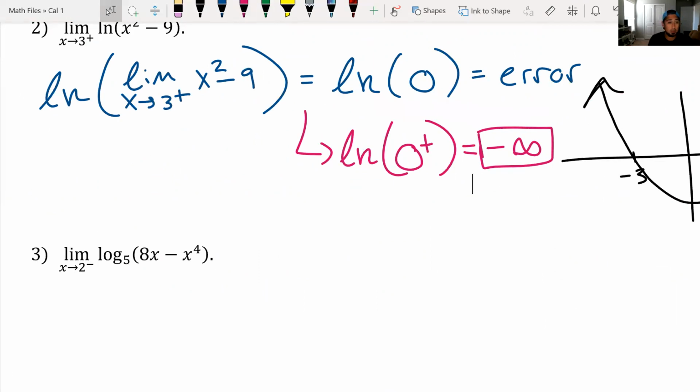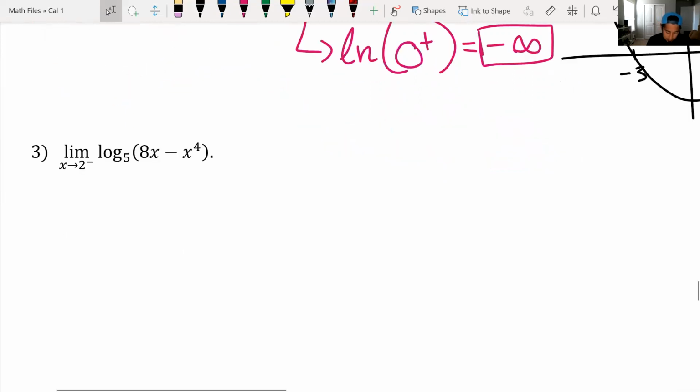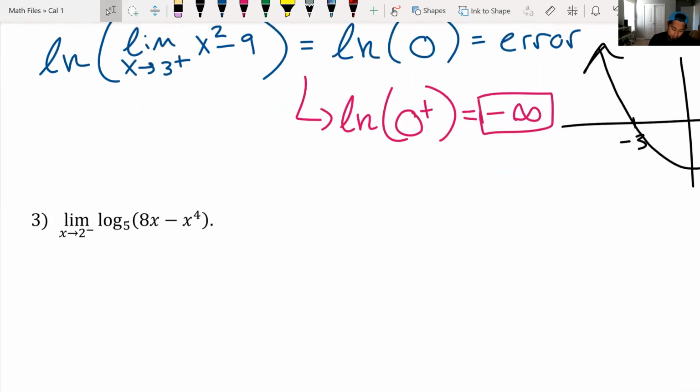Okay, cool. So that's how we handle these. Number 3: the limit as x approaches 2 from the left of the log base 5 of 8x minus x to the 4th. Again, we can probably just plug 2 in here. Let's see what happens if we do.